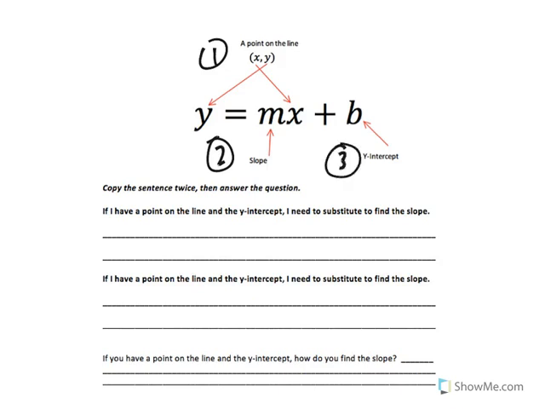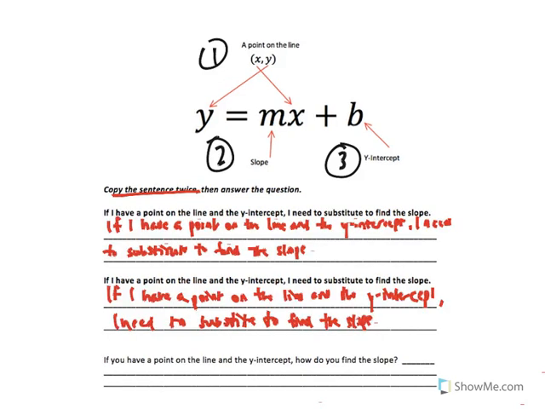In these ones, you have to copy the sentence twice, and then use the sentences to answer the question. So I'll copy the sentences and show you what you have to do. So I copied the sentences, and now I look for the parts of the sentence in the equation of the line. So in this one it says, if I have a point, so the point is number 1, and I have the y-intercept, I need to substitute to find the slope, the missing piece.